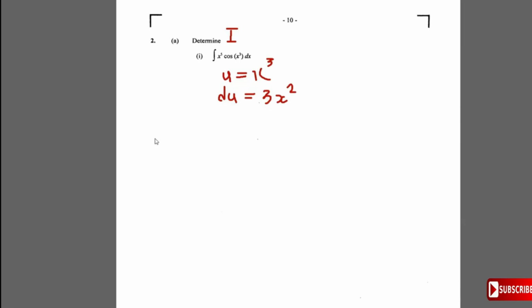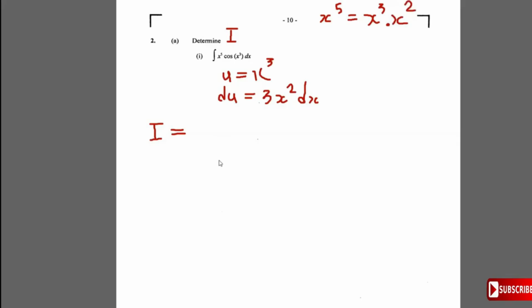So now I is going to be equal to, and remember du is 3x squared dx. Now this x to the 5th, let me put it down right here, x to the 5th can be broken up as x cubed times x squared. I can always separate x to the fifth as x cubed times x squared.